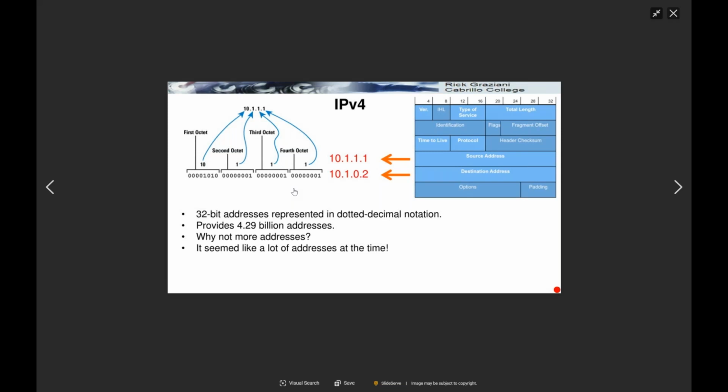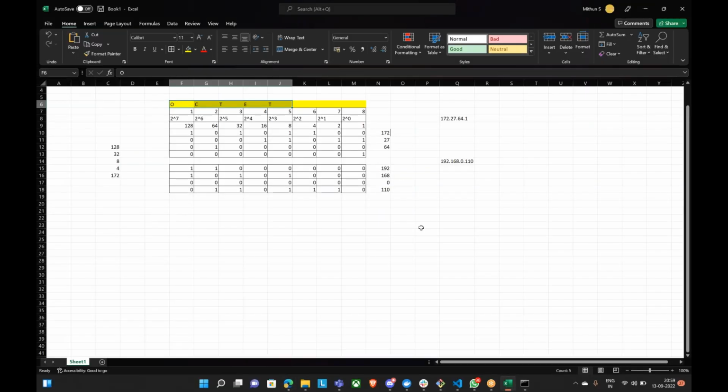So if we are to use IPv4, then there will be a protocol. What protocol? The IPv4 addresses will be divided into classes.